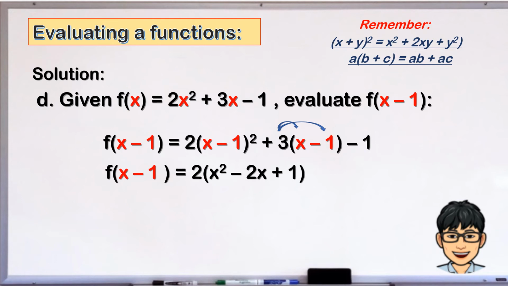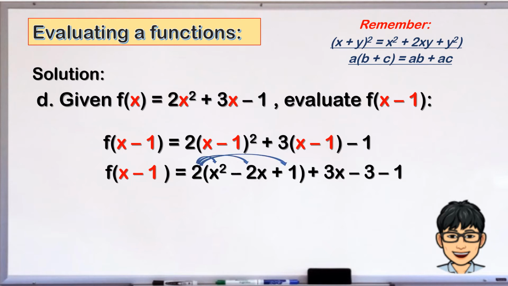Sabi sa distributive property, A times the quantity of B plus C equals AB plus AC. So, meaning, multiply natin yung 3 dun sa x at sa negative 1. So, we have 3 times x and 3 times negative 1 is equal to 3x minus 3. And then, minus 1.